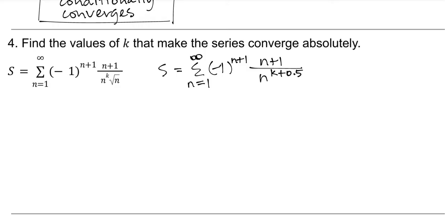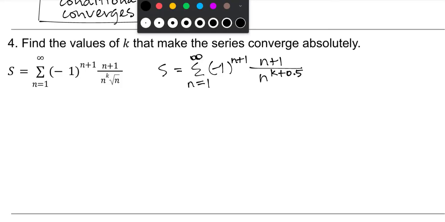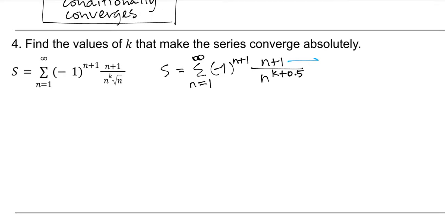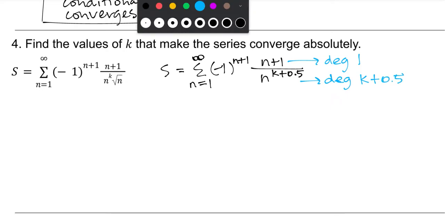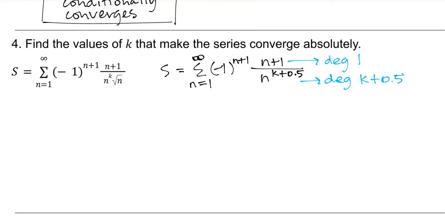Okay, so I need, let's say, point out that here I have degree 1, here I have degree k plus a half. And I need k plus a half to be bigger than 1 by an amount more than 1.